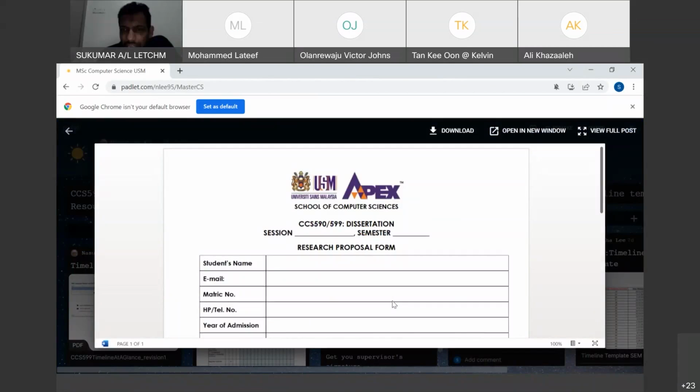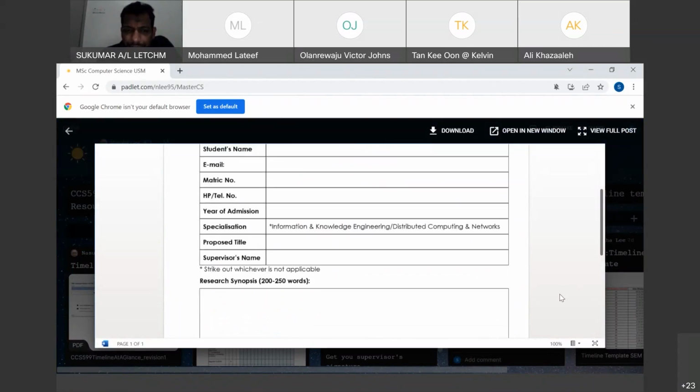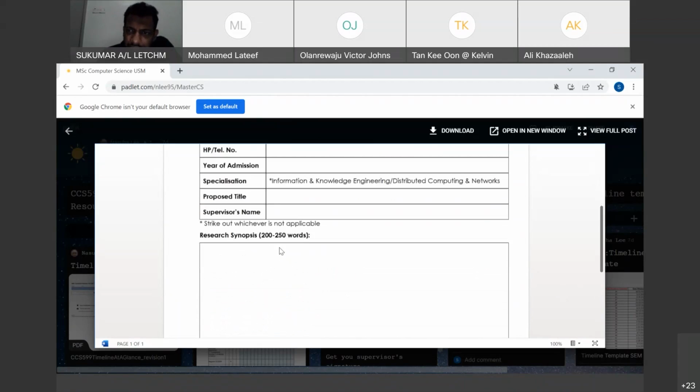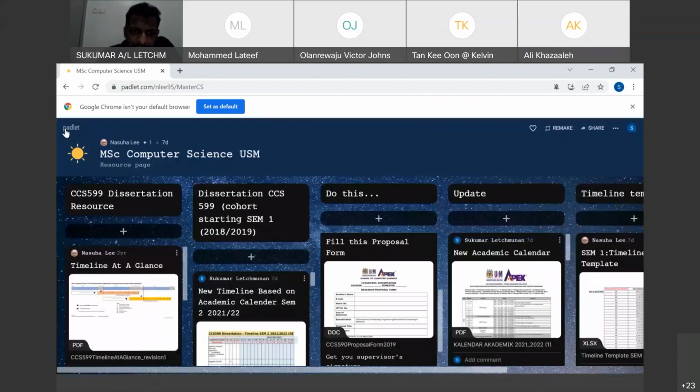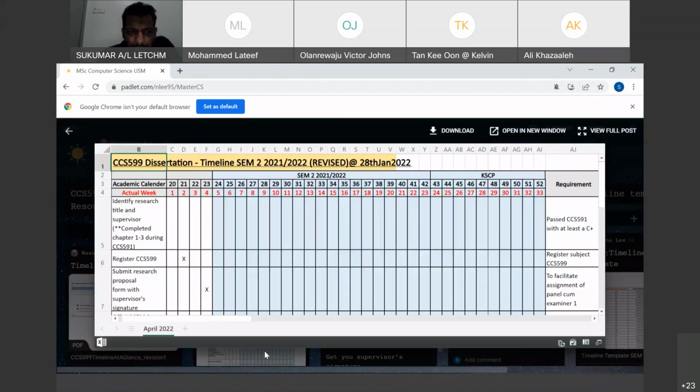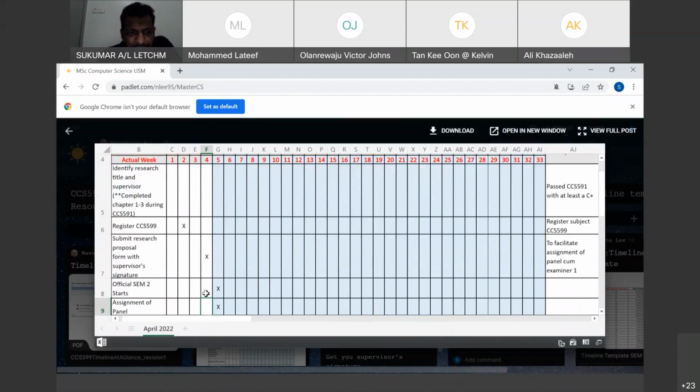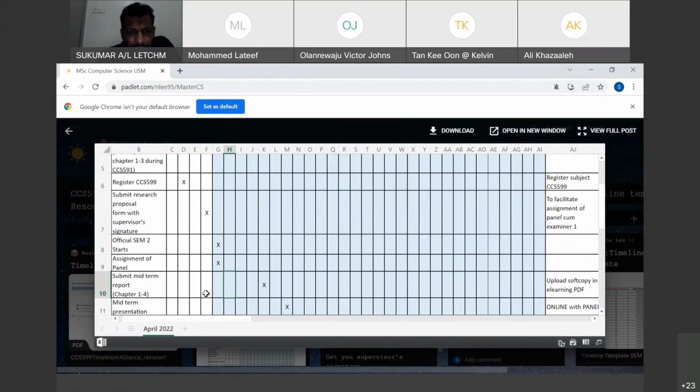This is just a research proposal form where you only submit your research synopsis. Most of you already have one, I guess. What you're going to submit to us is just a form here. But what you submit after this is your proposal, which becomes your midterm, where you have Chapter 1 until Chapter 4.